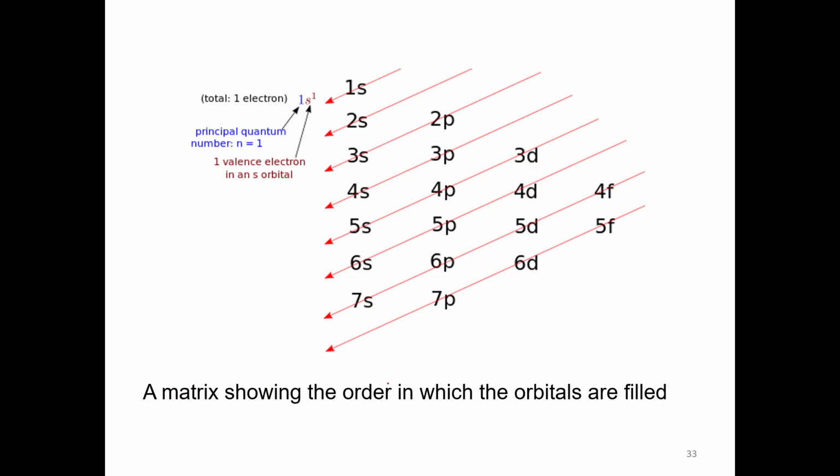I know in some books they use this matrix to get the electronic configuration of the elements or ions, but in this class we are going to learn how to get the electronic configuration using the periodic table.